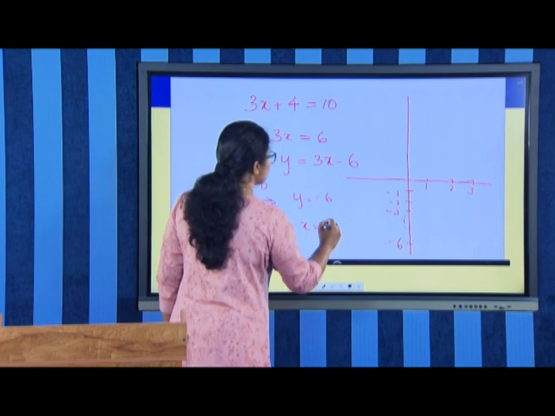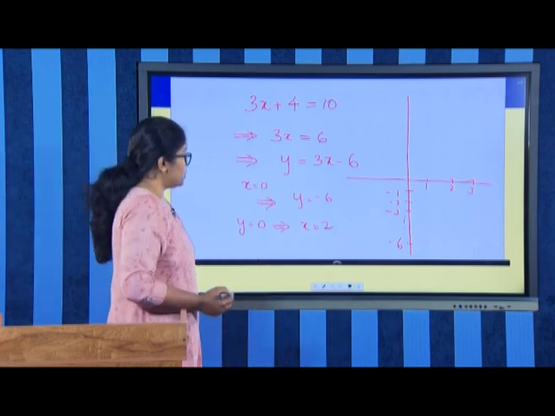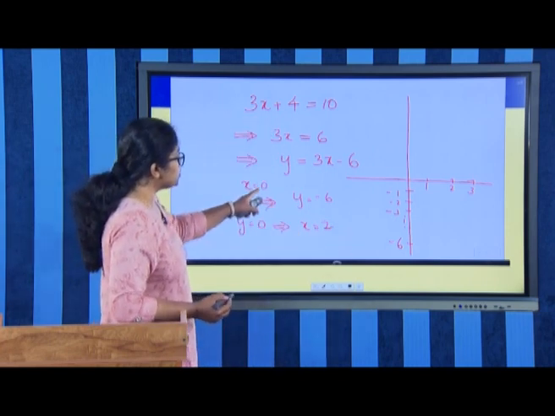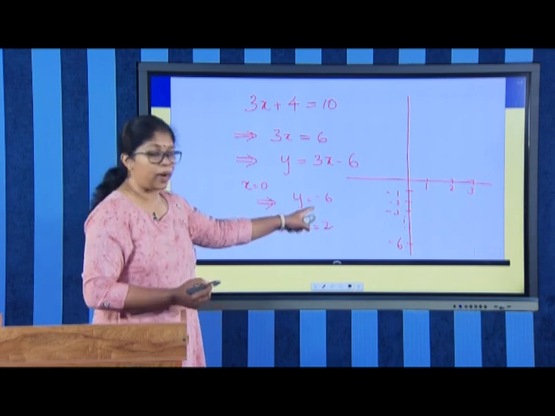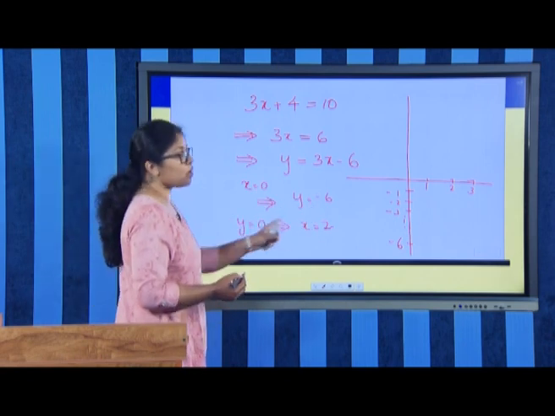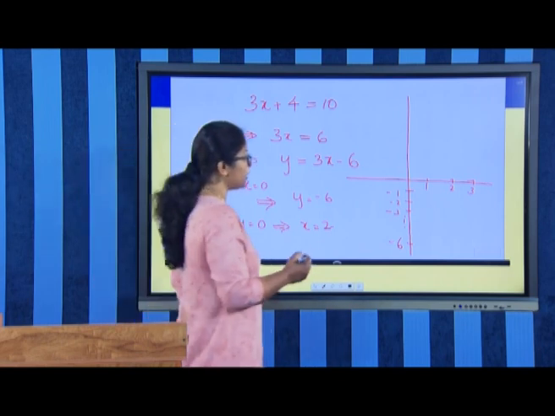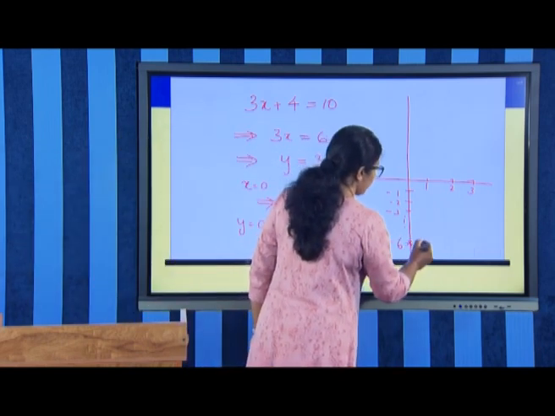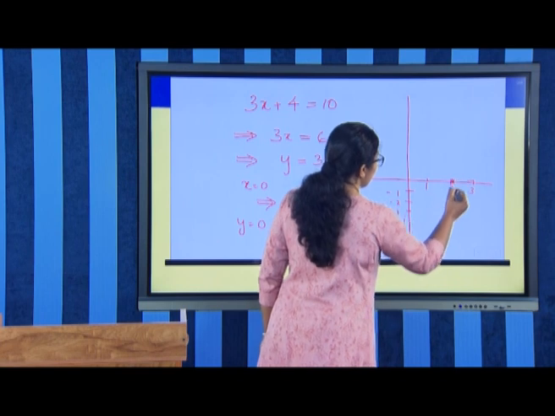Solving, we get x is equal to 2. So, we are getting 0 comma negative 6 as one point and 2 comma 0 as another point on the line. So, this is one point on the line, this is another point on the line.